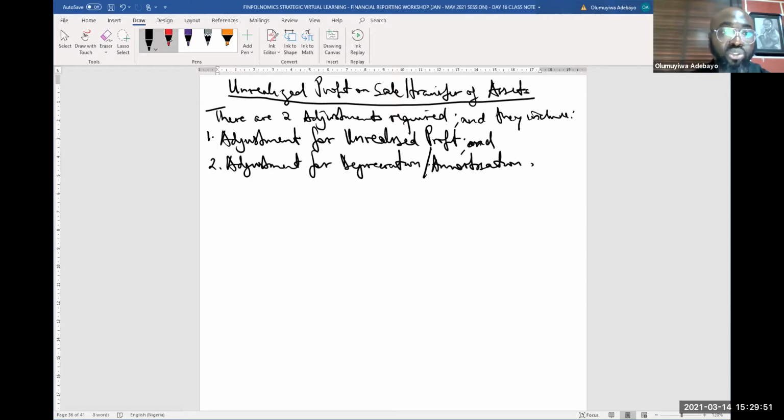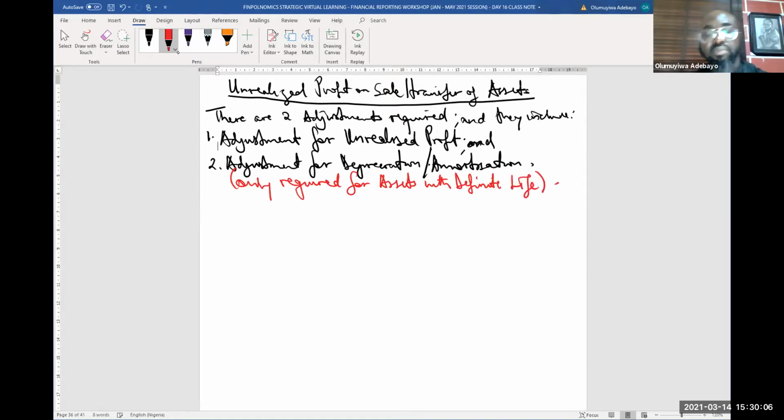But this adjustment is only required for assets with definite life. Who can tell me why or what that means?